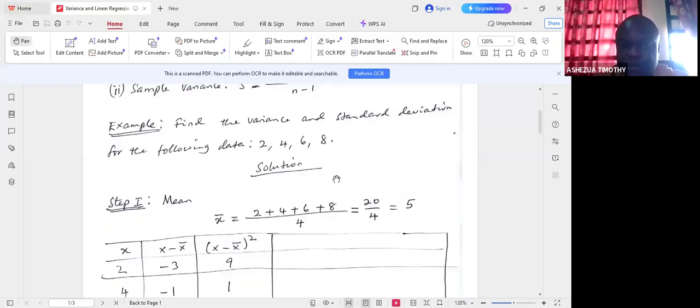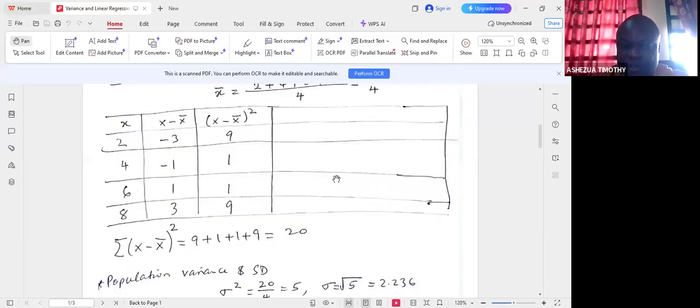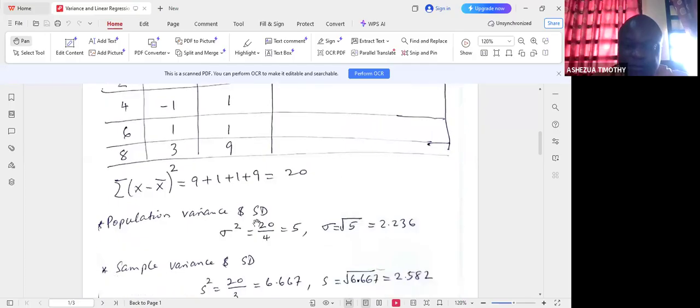So you have 20 all over 4, which is 5. And of course, the standard deviation is the square root of the variance. So sigma squared is equal to 5, and sigma is the square root of 5, which is 2.236.